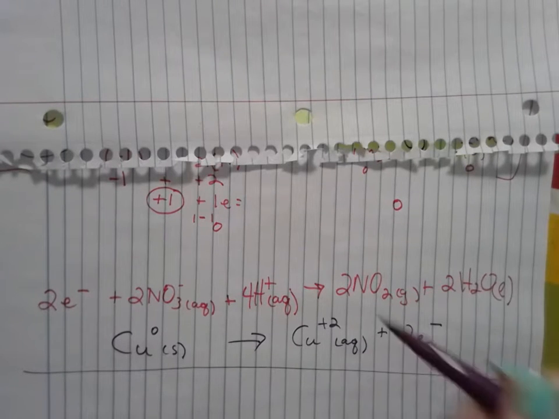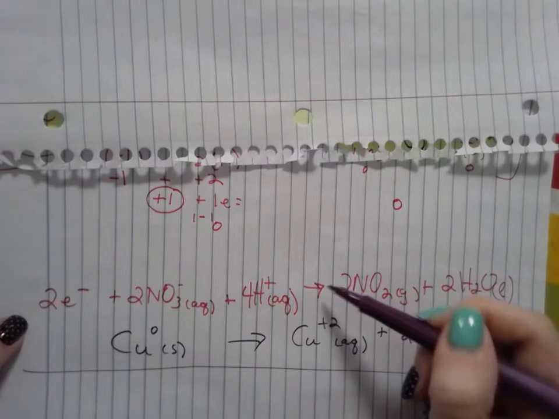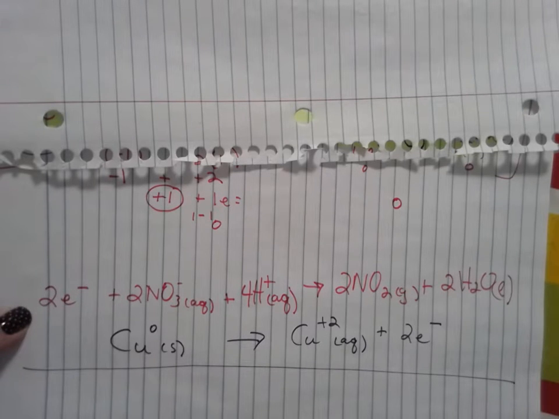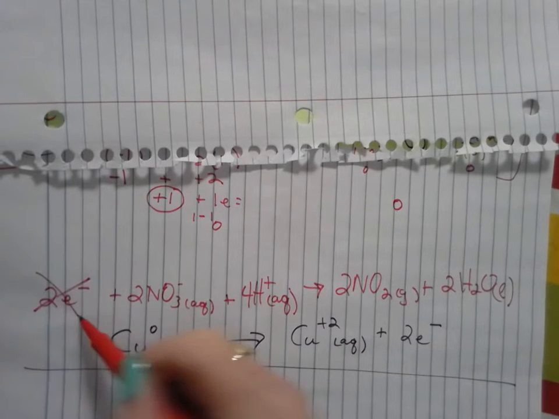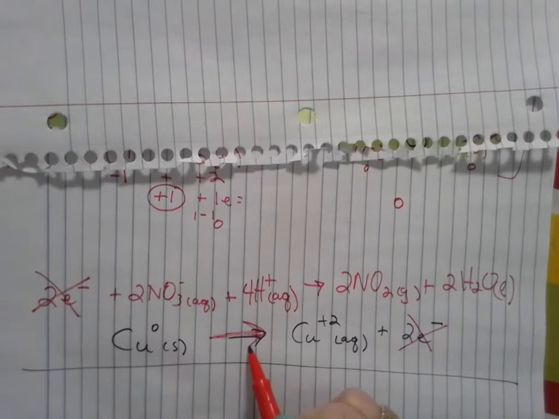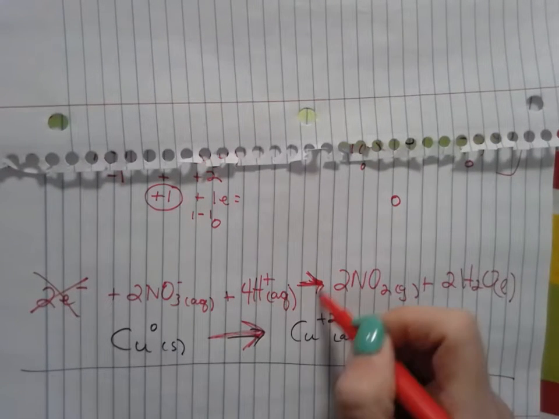Alright, so for this one, notice that 2 electrons are going to cancel because I've got them on opposite sides of these arrows.